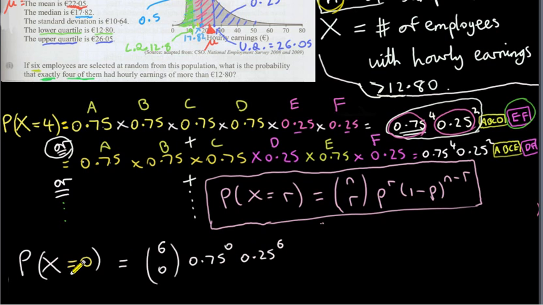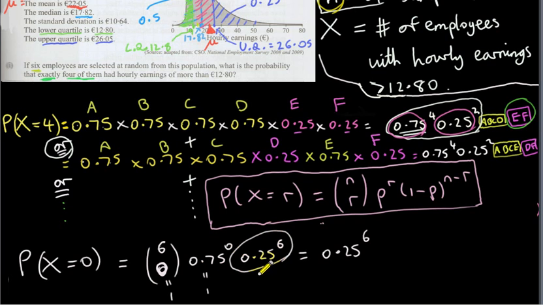So 0.75 is the probability that any employee has hourly earnings greater than 12.8. This thing is really just 0.25 to the power of 6, because 6C0 is defined to be equal to 1. Anything C0 is defined to be 1. Doesn't matter whether it's 7C0 or 8C0, whatever it is. Of course, any number to the power of 0 is 1 as well.